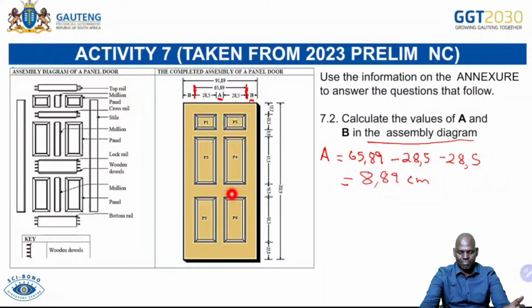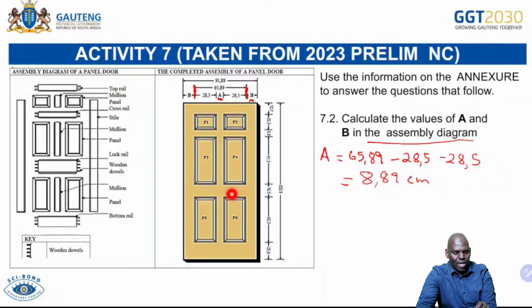And then to find the value of B, the value of B is this part and that part. To make it easier, we know that if we take this part plus this one plus this one, they will give us 91,89.